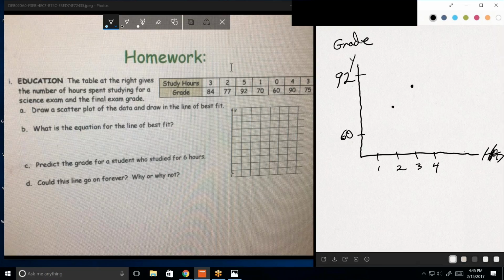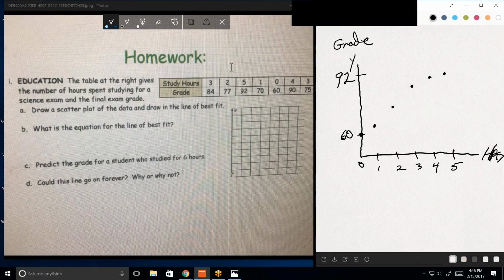Okay. I need 5 hours. I didn't see that 5. 5 hours, I'm at 92. 1 hour, I'm at 70. 0 hours, I'm at 60. 4 hours, I'm at 90.